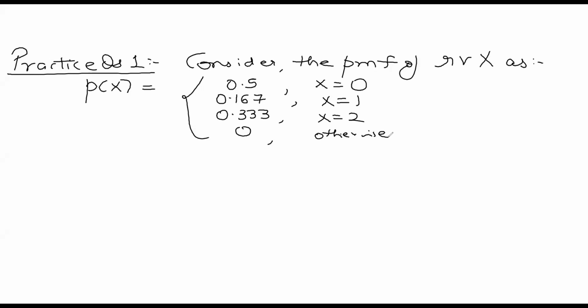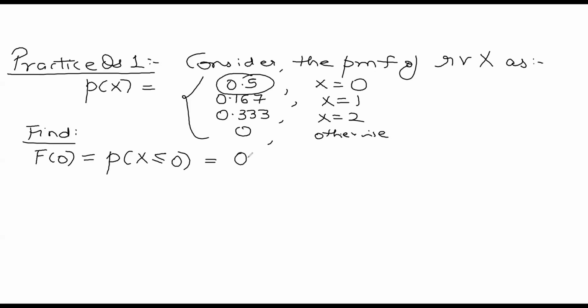Now, if I ask you what is f of 0, find the following for me. F of 0 will be probability of x taking the value less than or equal to 0. That will be 0.5.